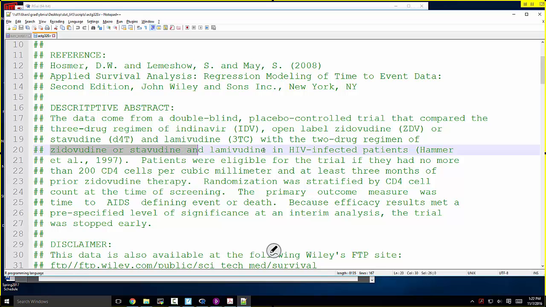Okay, so the control group is either ZDV or D4T and 3TC. The treatment group is that plus IDV. So the treatment group is the control group plus something, as opposed to two completely different comparisons.